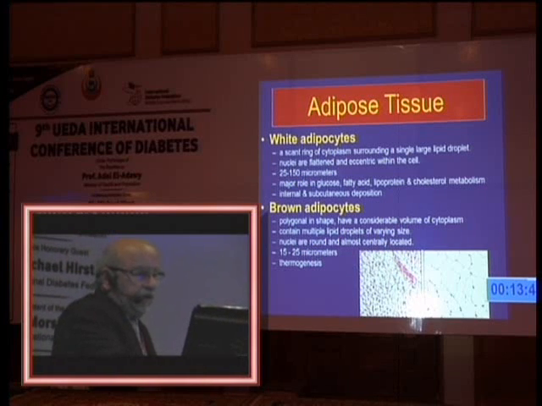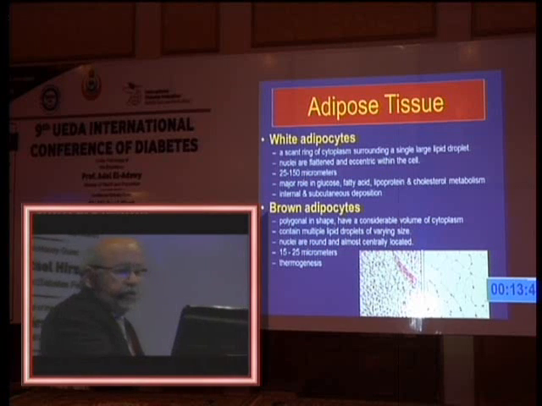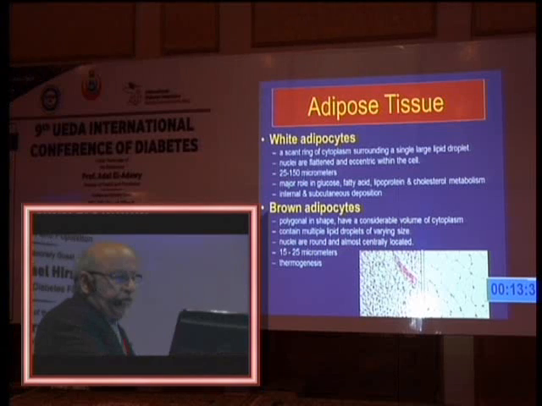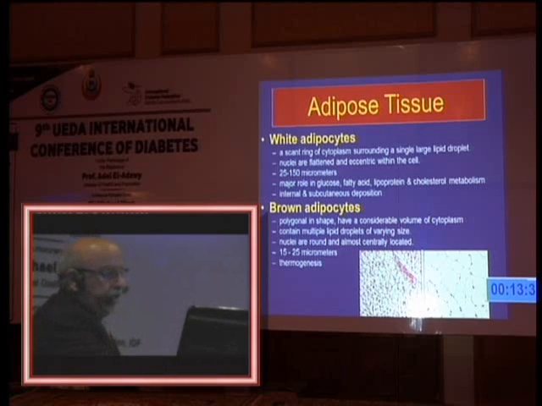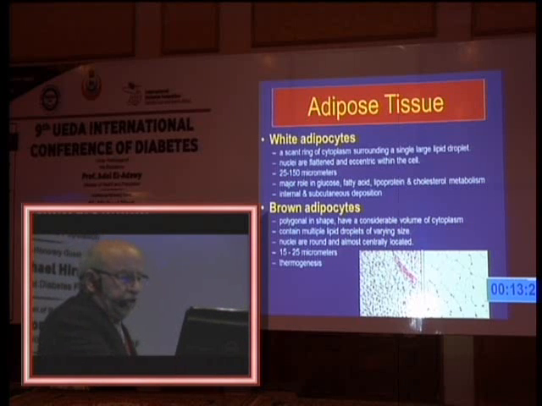The nuclei are flattened and eccentric within the cell, and the size is 25 to 150 micrometers. The major role is in glucose, fatty acid, lipoprotein, and cholesterol metabolism. There are two sites of distribution, mainly the internal or visceral adipose tissue and subcutaneous deposition.